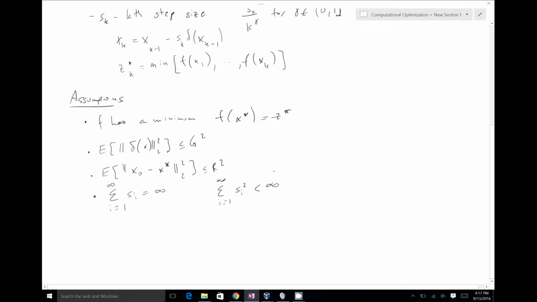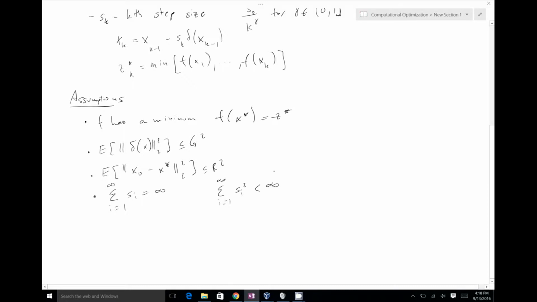Can anybody tell me a sequence from Calc 1 or Calc 2 where the sequence sums to infinity, but the sum of the squares is finite? 1 over k, yeah. Because the sum ends up being like log n, and the squares, 1 over k squared, sum to something finite.